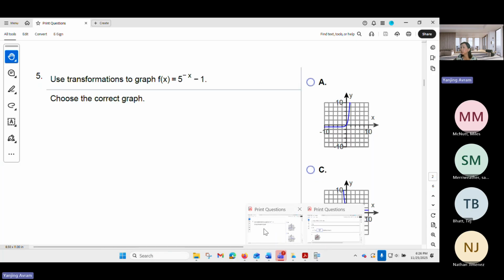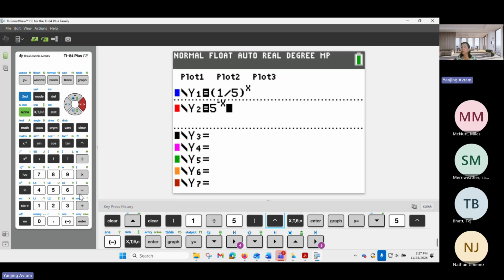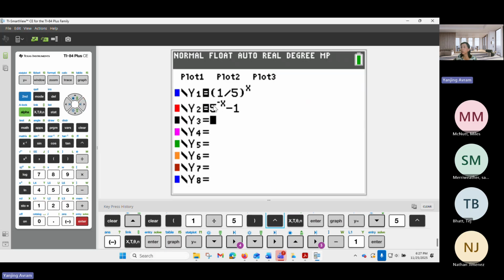This is my original question here. So using the transformation to graph this one, we know 5 to the negative x is a decreasing function. And this minus 1 is not on the exponent, it's on the y. So this whole graph minus 1 means the original graph will move down 1 unit.